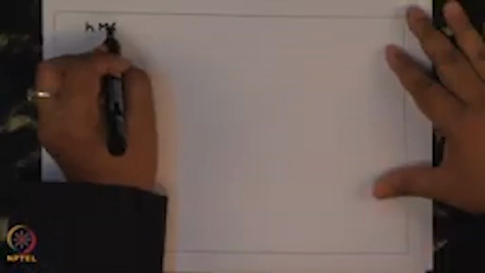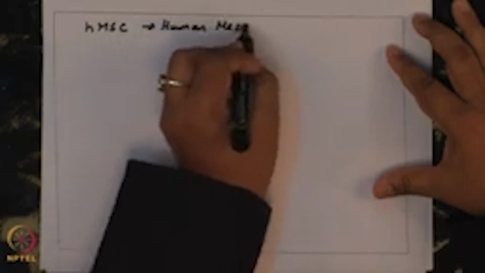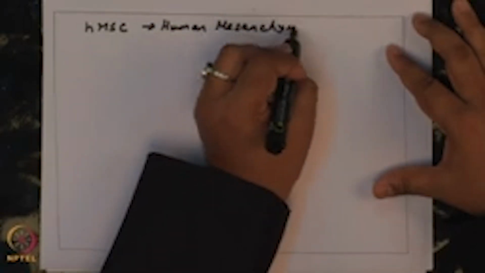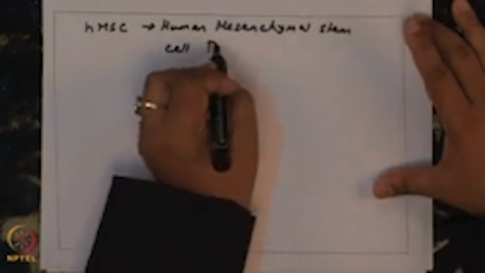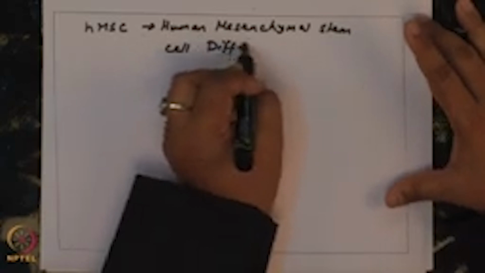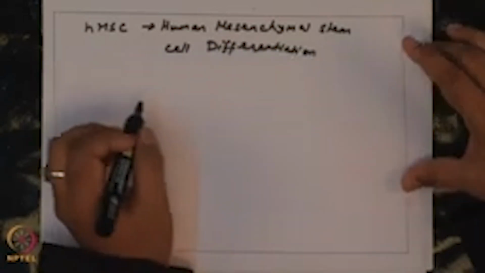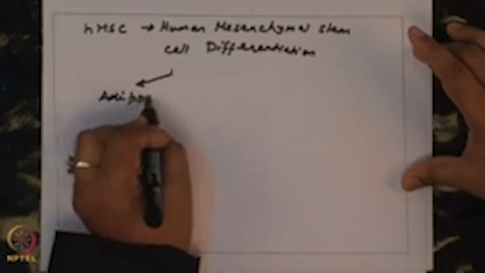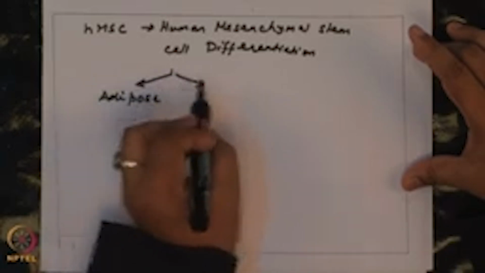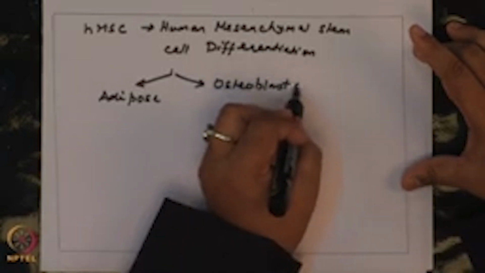So, HMSC differentiation, human mesenchymal stem cell. These cells are known to differentiate into adipose or fat cells as well as osteoblasts or bone cells.